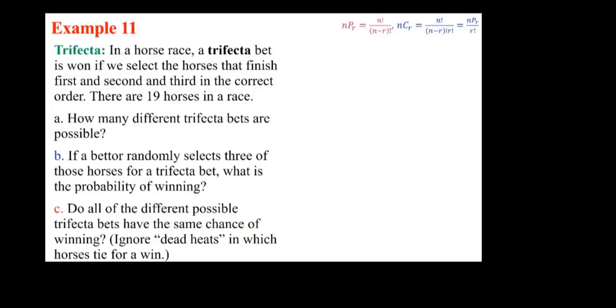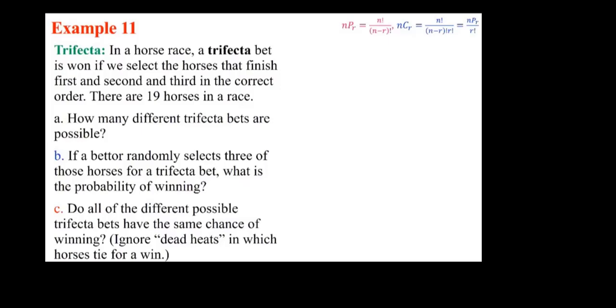In a horse race, a trifecta bet is won if we select the horses that finish first and second and third in the correct order. There are 19 horses in a race. How many different trifecta bets are possible? First, the definition of a trifecta is given to us. What we should know is that the size N is 19 and R is 3.